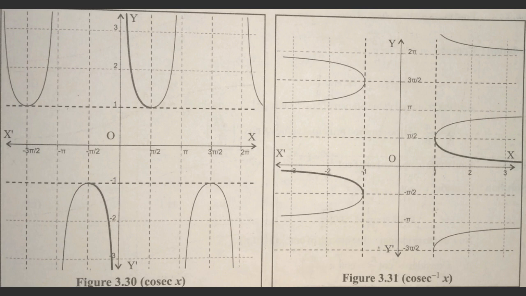The half portion of the graph of cosec x is above the line y equal to 1 and below the line y equal to minus 1, while the graph of cosec inverse of x is to the left of x equal to minus 1 and the remaining half portion of cosec inverse x is to the right of x equal to 1.